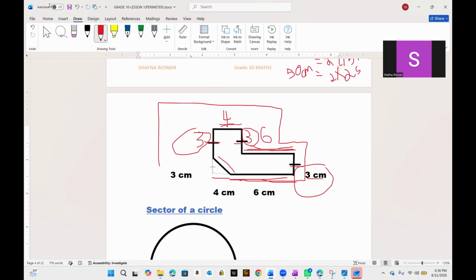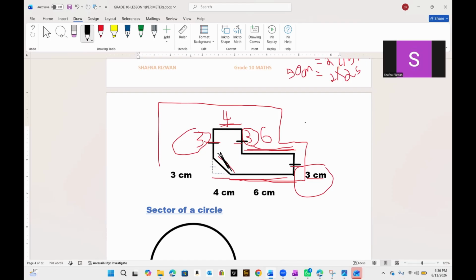Now this part how to find? This part if you want to find, what can you do here? You know, right? Here if you take, this is a triangle in dotted shape. In your previous grades you all have studied about Pythagoras theorem.